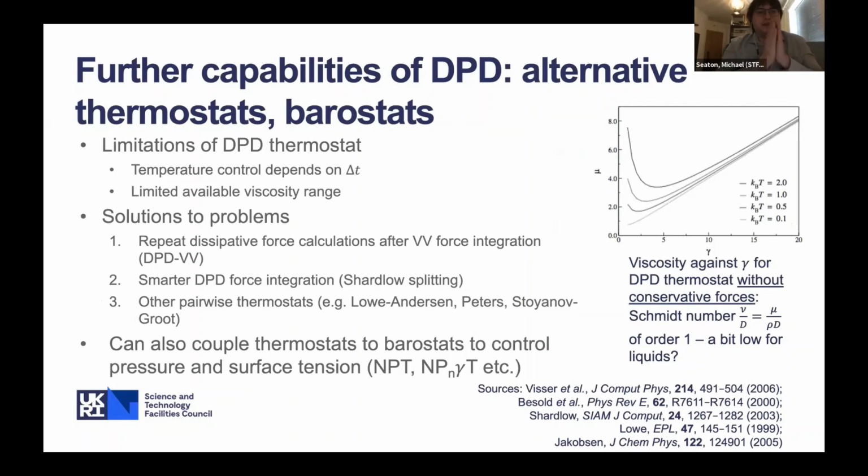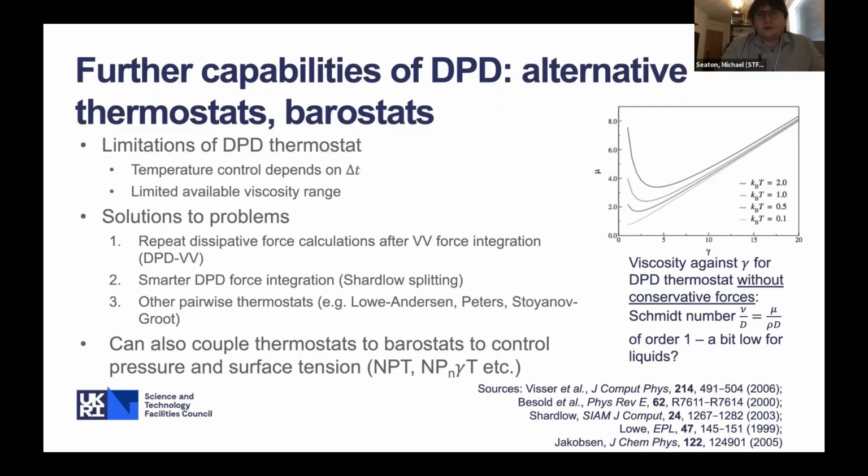Other things that we can do with DPD are looking into better ways of applying a pairwise thermostat. One of the limitations of the DPD thermostat is that how well it controls the system temperature will depend on the size of the time step that you use.